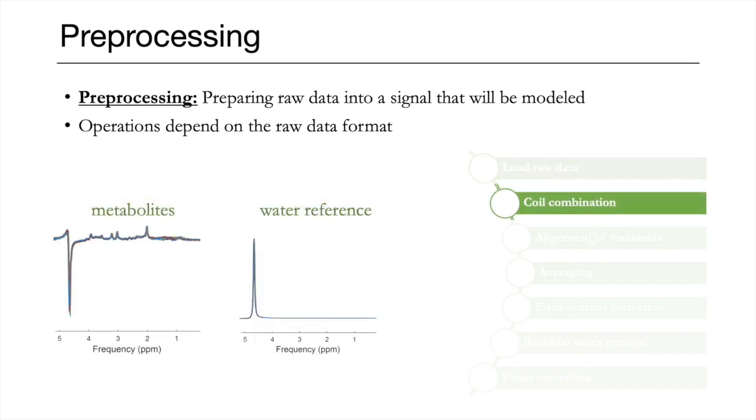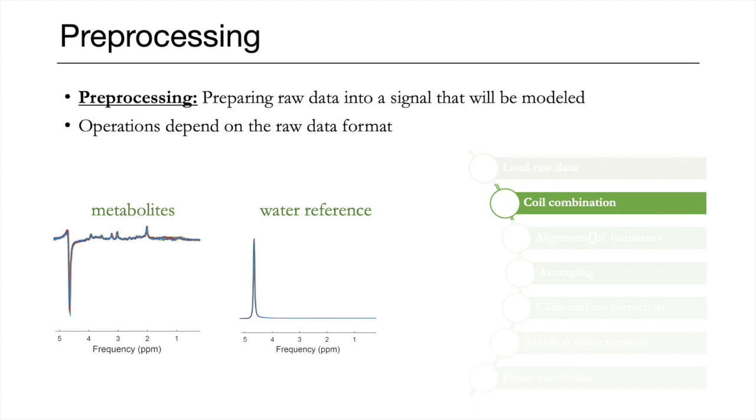Once the signals from the different coils are combined, we are left with one less dimension. Now we have several signals from each transient. If you look closely, you can see that they are not perfectly on top of each other because I added a little frequency drift, so the peaks are slightly shifted between transients. Simply averaging now would make the line width larger and the SNR lower than necessary.